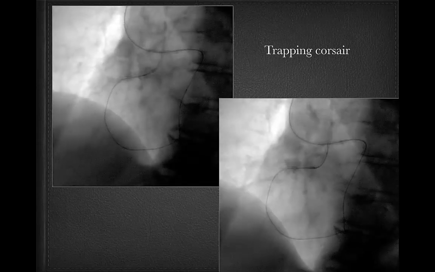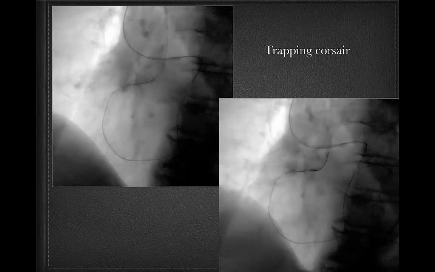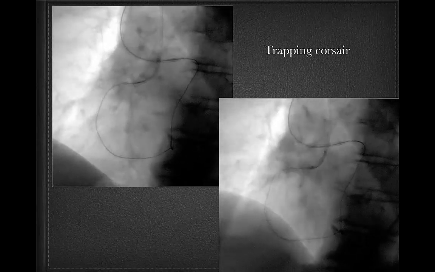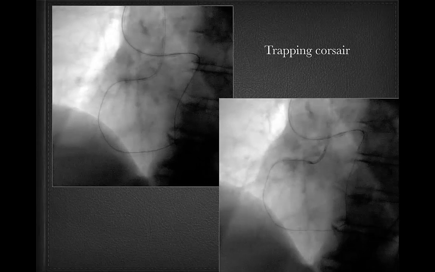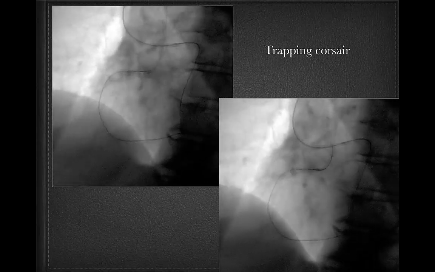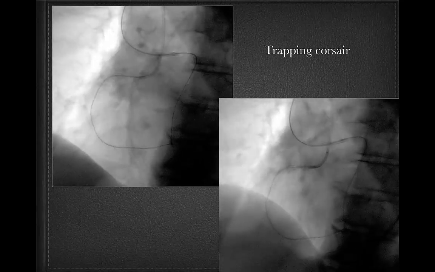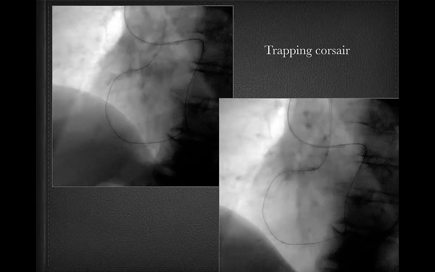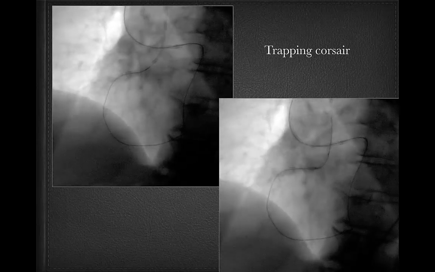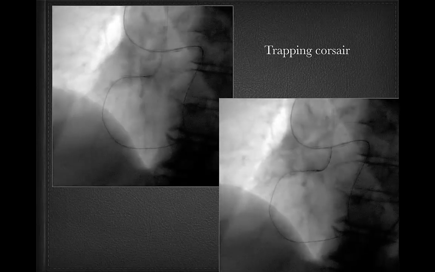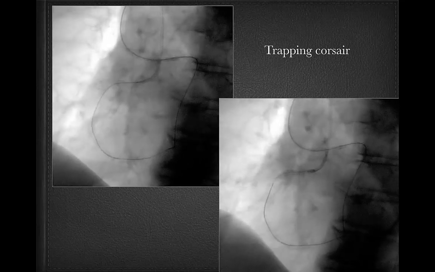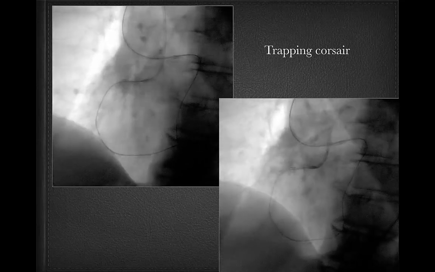So advance the Corsair inside. In that situation, I trapped the Corsair because I wasn't able to advance more my Corsair inside the guiding. So I was afraid to lose all this position. So I trapped the Corsair. So I get back with the Jet 25.